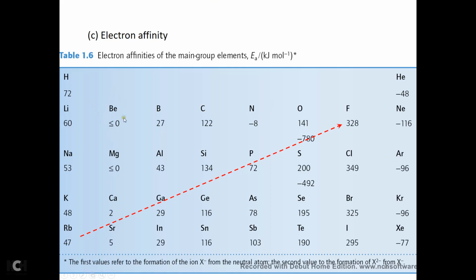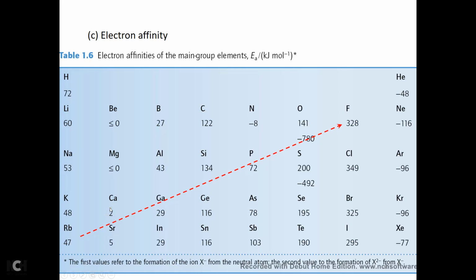Beryllium has a 1s2, 2s2 electron configuration, so both subshells are completely filled, so it's stable. If you give one more electron to beryllium, it makes it less stable. That's why the electron affinity of beryllium is negative. For magnesium, it's also negative. For calcium, although it's positive, it's a very small number.